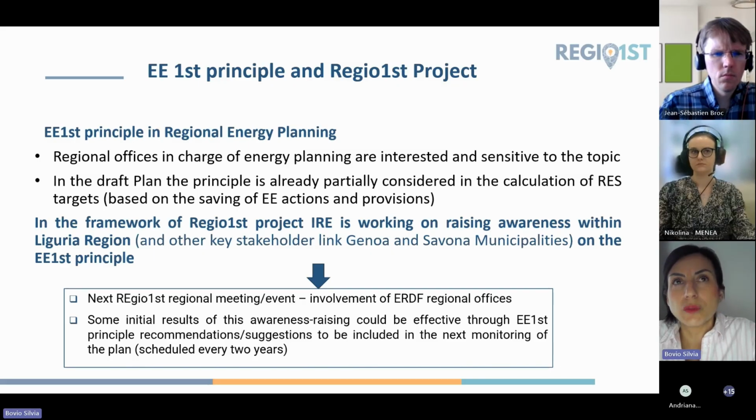And our idea is also to try to give some recommendations or suggestions that can be included in the next monitoring of the plan, because as I said before, the objective of Liguria region is to approve this plan by the end of 2024, but the monitoring phase is scheduled every 2 years.